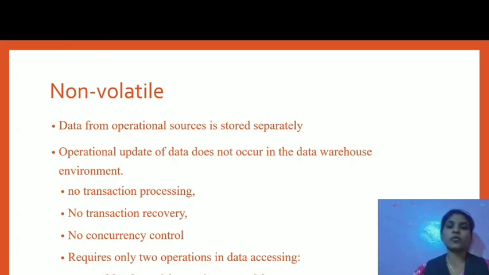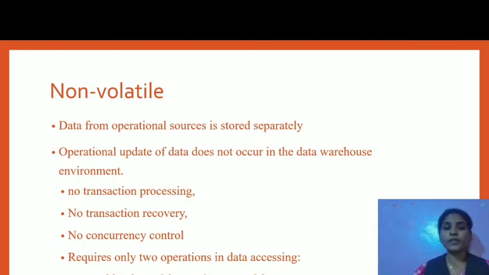Operational update of data does not occur in the data warehouse environment. So obviously it does not require any transaction processing. It does not require the concurrency control mechanisms. No transaction processing, no transaction recovery, and no concurrency control mechanisms are required.